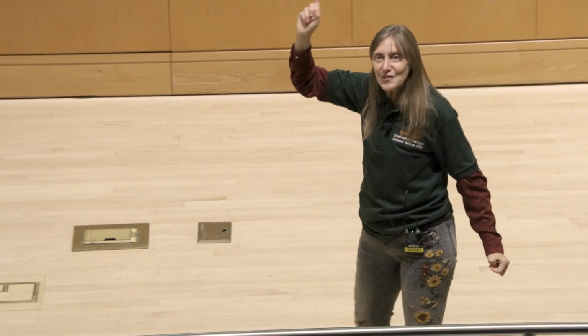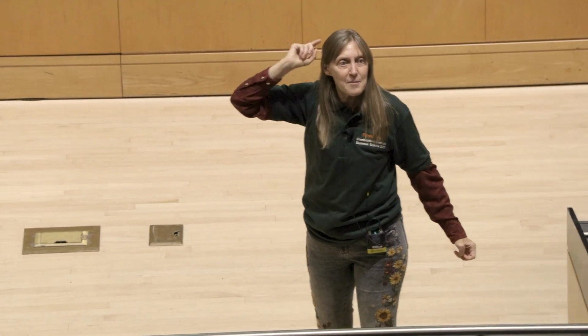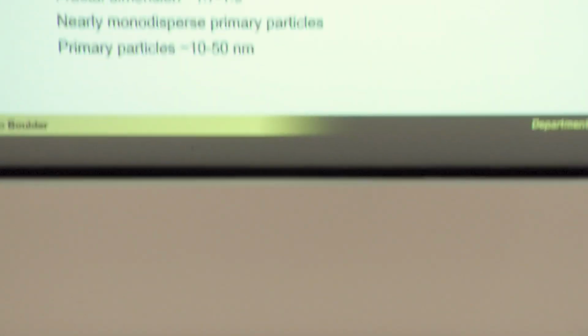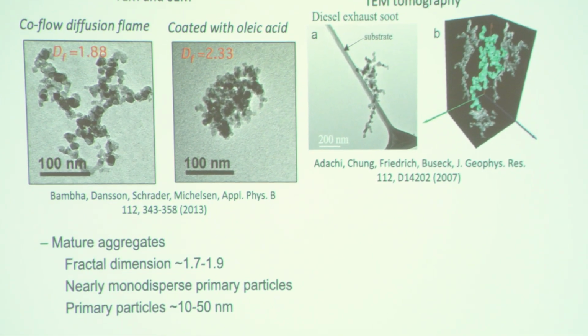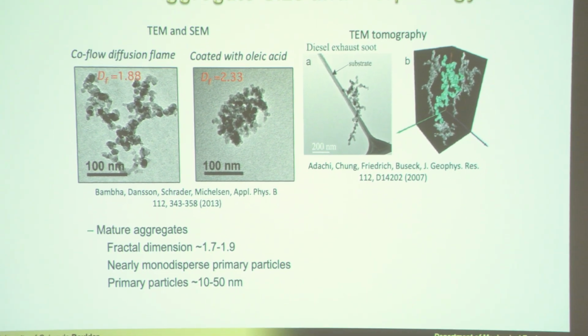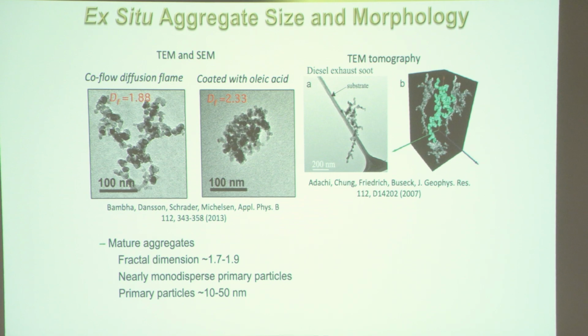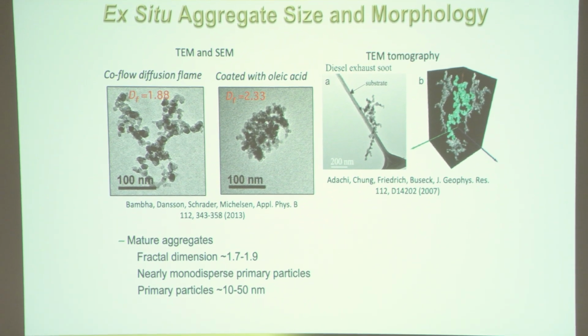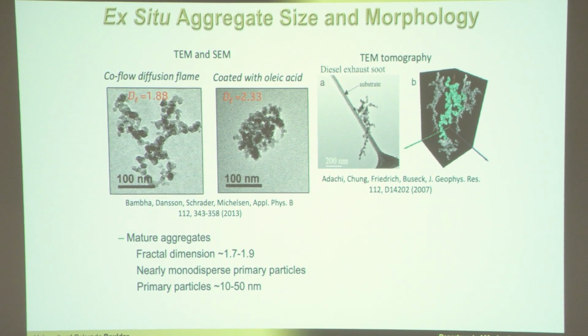Sometimes you'll be able to see the little arms moving a little bit in the TEM machine. But it's really hard to figure out what the three-dimensional structure is. This is tomography. You don't see this very often. I think it's very computationally labor-intensive to get one of these images. But it's a really cool technique, and you can see how that aggregate is structured versus how it looks in the 2D TEM imaging. Okay.